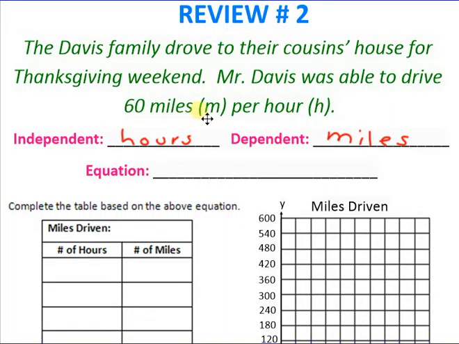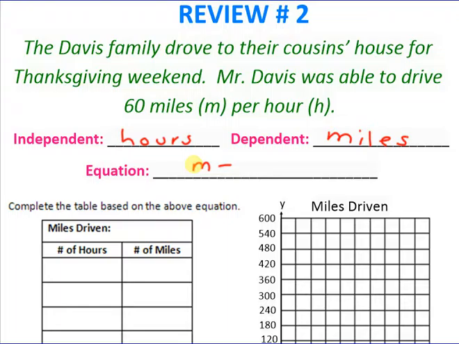If you have M and you have H and you have 60, well, I just wrote the equation down, so you kind of were able to cheat there. You do know that your independent variable is always connected in some way to an operation, and your dependent variable is usually on the other side of your equal sign.